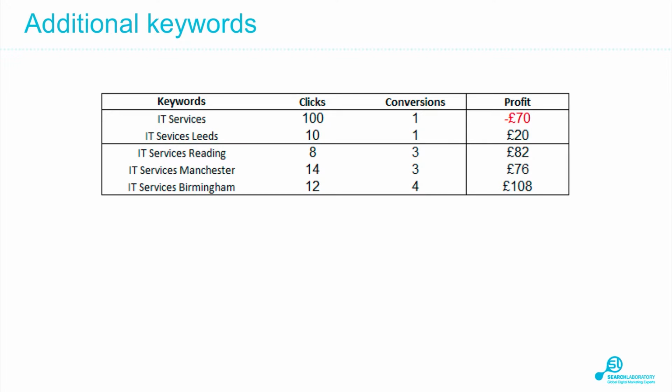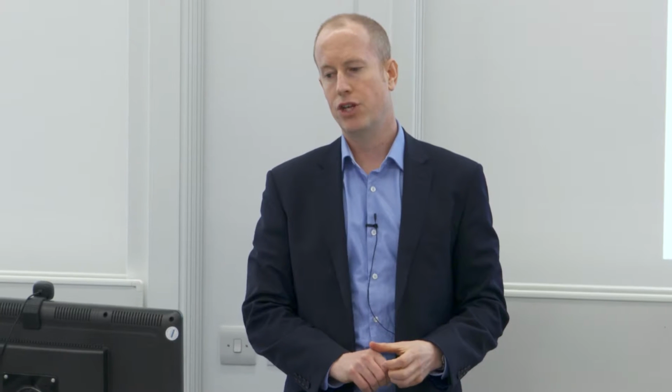So now I'm going to add 3 more keywords to that list. Okay, so I've got IT Services Reading, which has got 8 clicks, 3 conversions, and is in profit. IT Services Manchester, 14.3, and is in profit. IT Services Birmingham, 12.4, and is in profit.